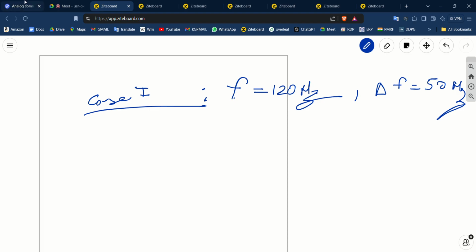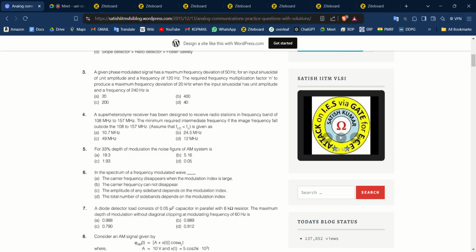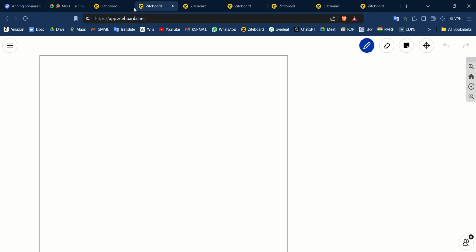Now, in case 2, f is given to be 240 Hz and delta f is given to be 20 kilohertz.